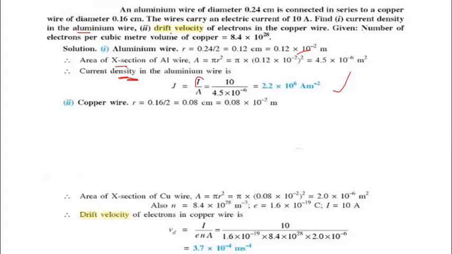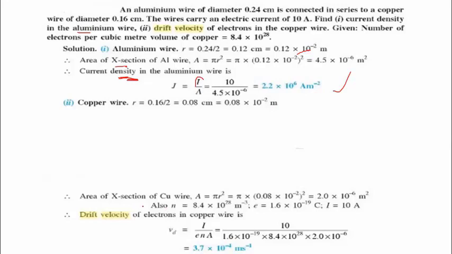Again, in the second example, we are required to find the drift velocity of electrons in the copper wire, given that the number of electrons per cubic meter volume of copper is 8.4 times 10 power 28. The copper wire has a diameter of 0.16 centimeters, so we divide by 2 to get our radius, 0.08 times 10 power negative 2 to convert it into meters.